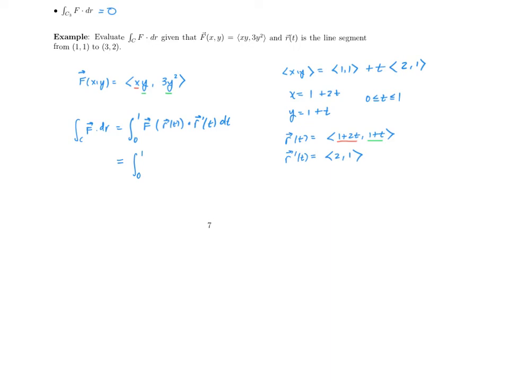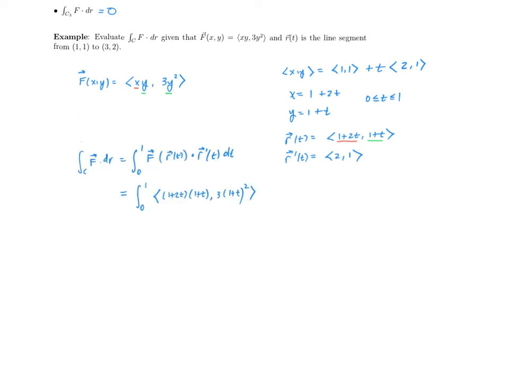So in our case, we would have xy, which would be (1 plus 2t) times (1 plus t), comma 3y squared. So 3 times (1 plus t) squared. And this is dotted with r prime of t, which is (2, 1).